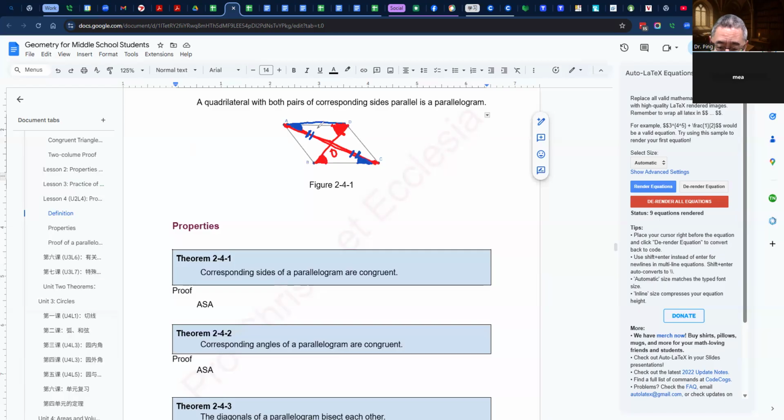So therefore, we have two angles. We have angle, now we need the side. Well, the side, based on the earlier theorem, the corresponding sides of a parallelogram are congruent. So that means this side, AD, is equal to BC. So now we have angle, side, angle.